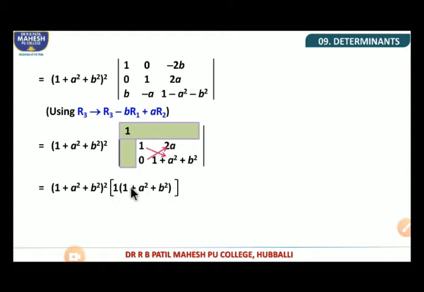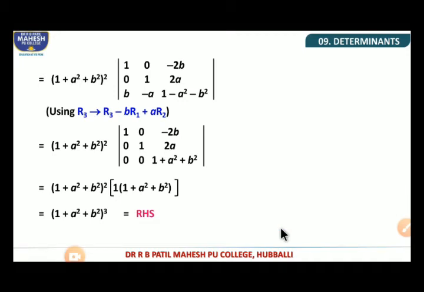So we have to multiply 1 to this one, again it becomes 1 plus a square plus b square only. The total product will become 1 plus a square plus b square whole cube. So this is equal to the RHS part. Hence it is proved.